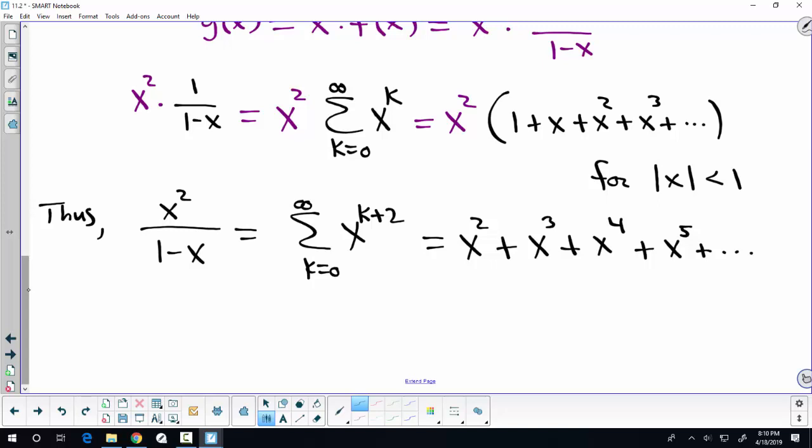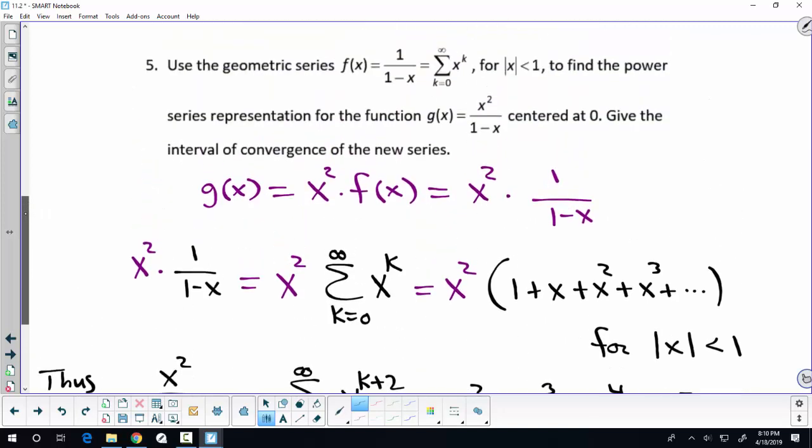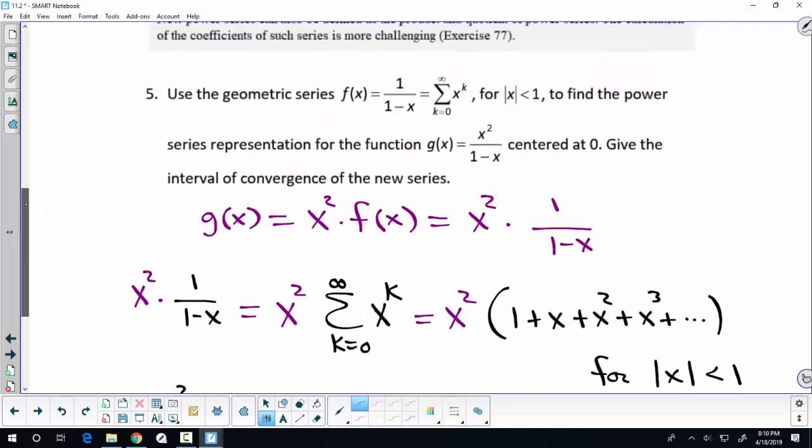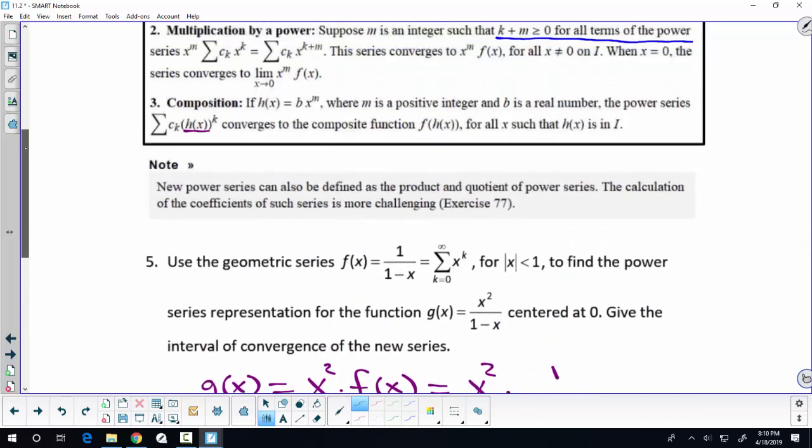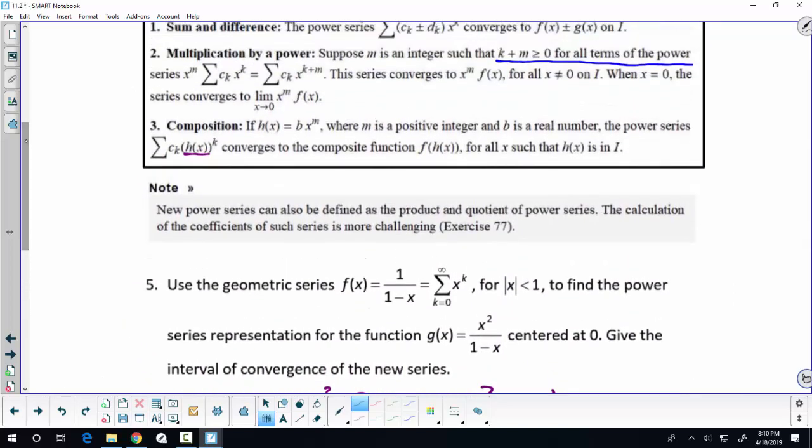What is the interval of convergence? We're using the second rule. It's multiplication by a power series. This is our x to the k plus 2.